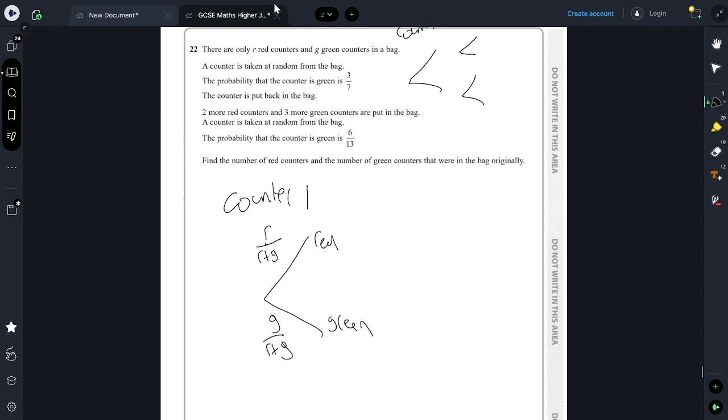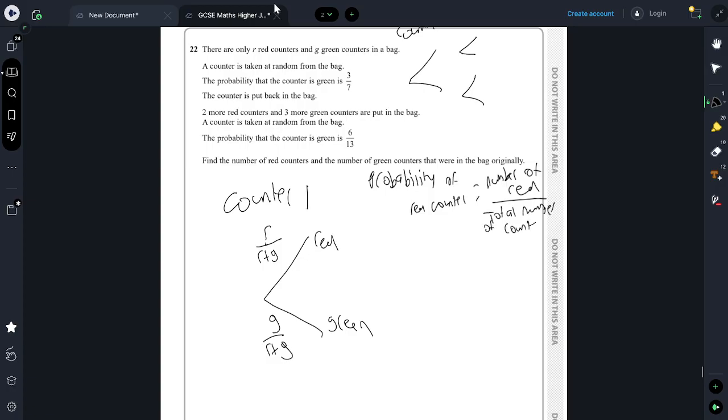That's the first counter. So if I pick a counter, those are the probabilities. Remember, the probability of picking a red counter is the number of red counters over the total number of counters. This is very similar to the first question, you just add in a bit of algebra.